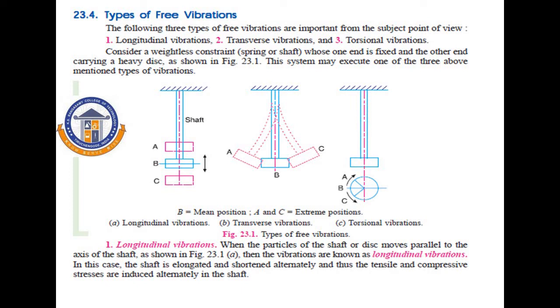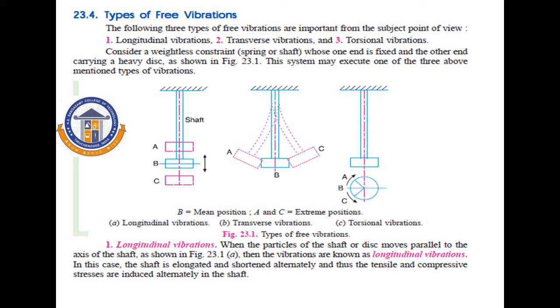Diagram A shows longitudinal vibration, where the vibrating motion takes place along the shaft. You can see three different positions of the shaft. The blue line shows the initial position of the shaft.